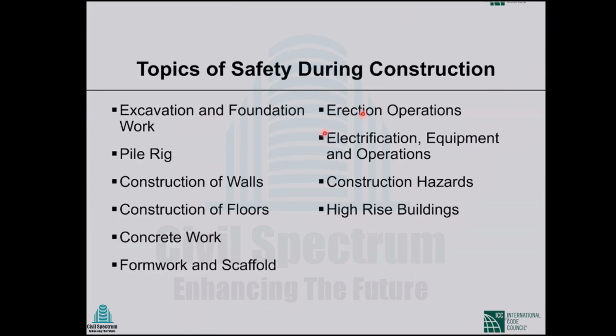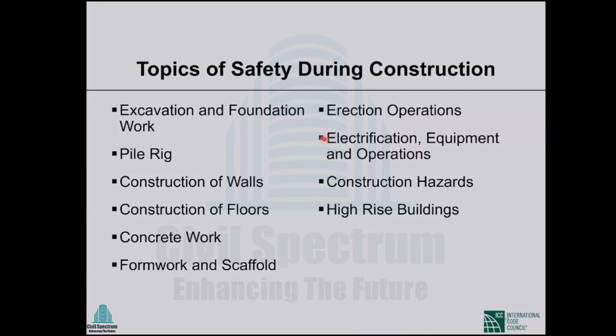And safety during construction, for all types of construction activities, what precautions should be taken are mentioned in these sections: while excavating foundations, while driving piles, construction of walls, floors, concrete work, formwork, scaffold erection, steel member erection operations, electrification.